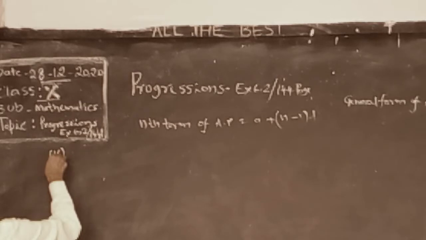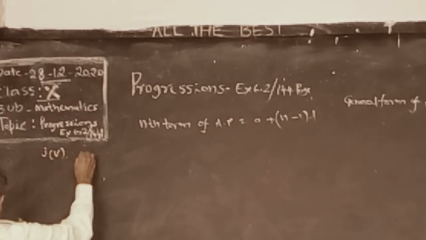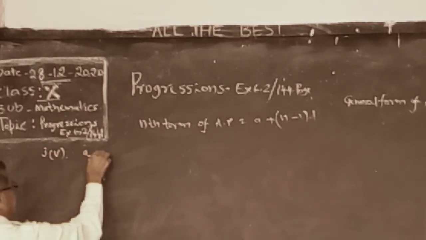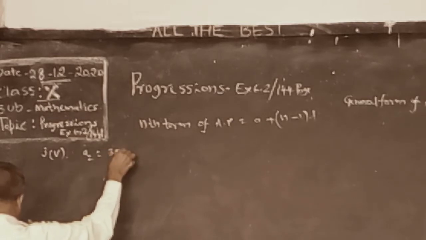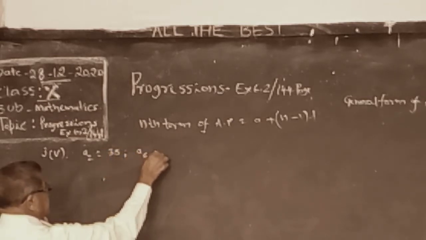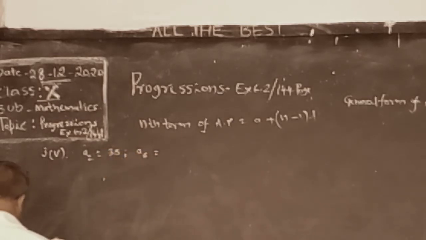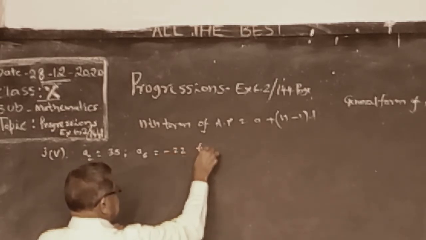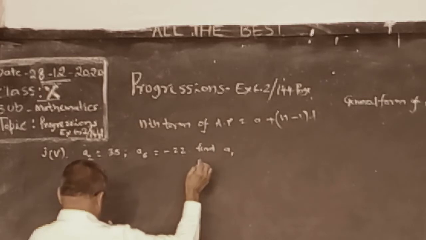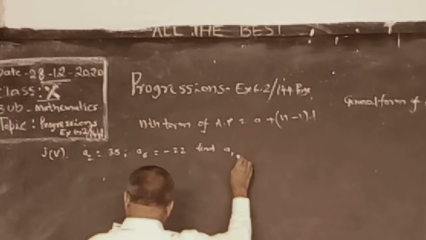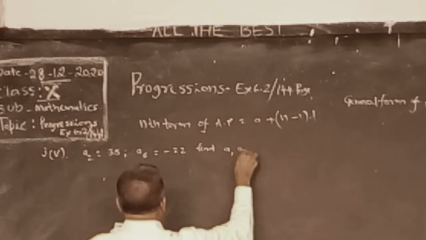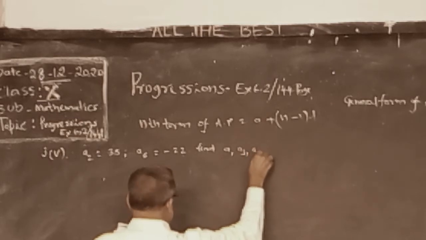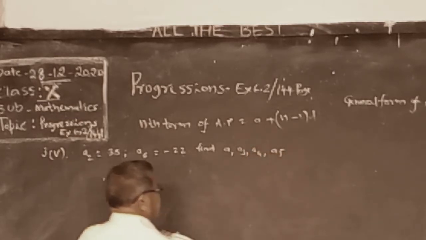Fifth problem. A2 given 38, A6, sixth term, given -22. Find A1, A3, A4, A5.